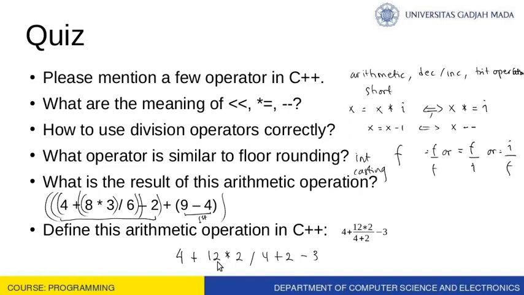Based on the operator priority, I will do 12 multiplied by 2 before summing with 4, or before dividing by 4. But you have to be careful with the plus 4 plus 2. It means that you have to do this first before dividing the 12 multiplied by 2. If you don't have the bracket, then you will do 2 divided by 4. That's not correct. So you have to put this bracket.